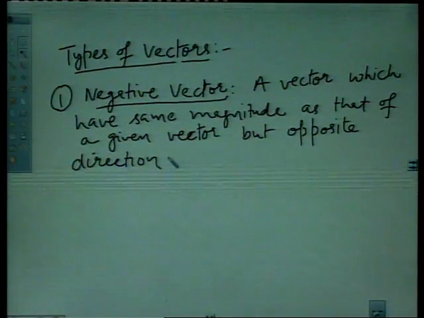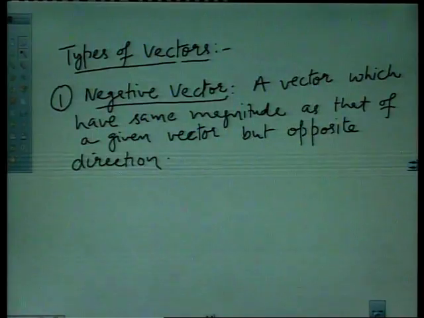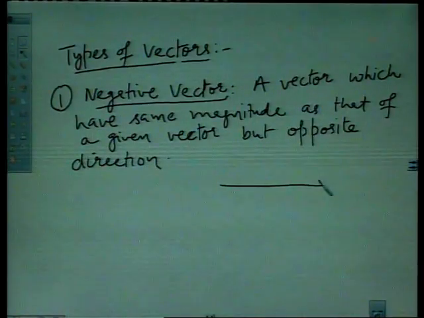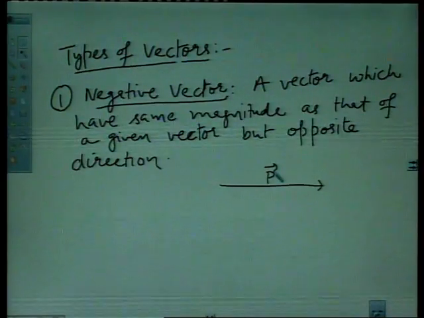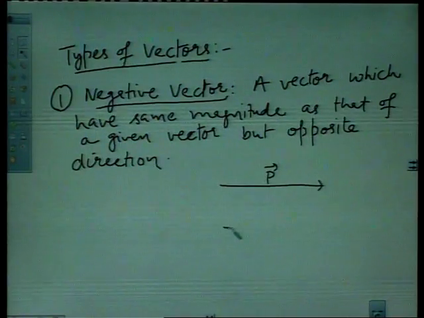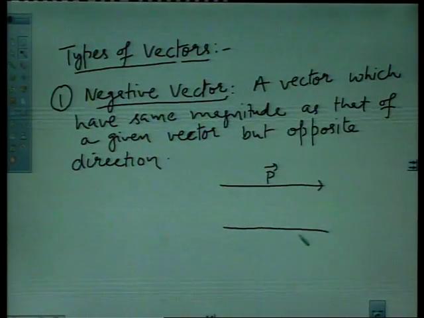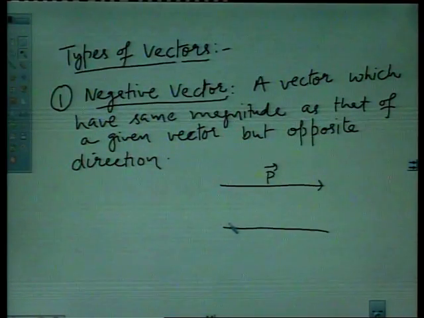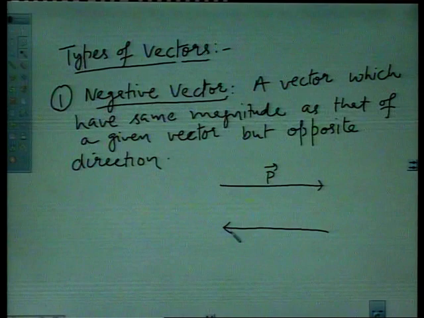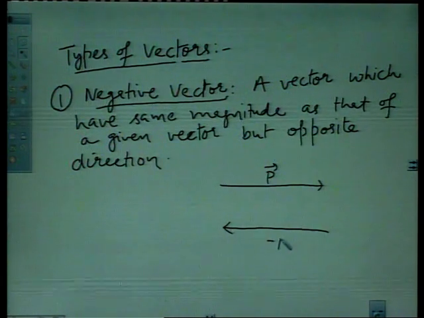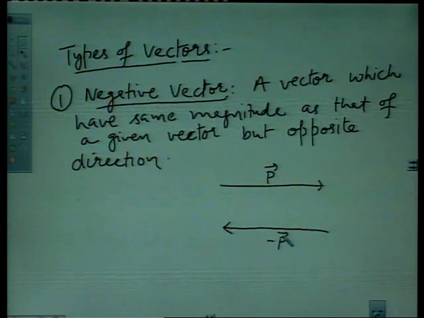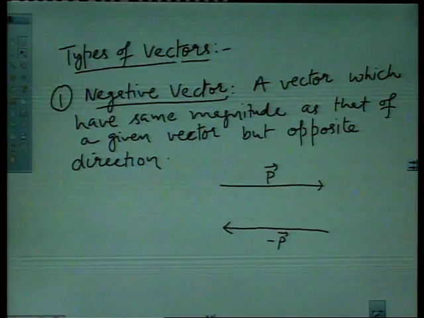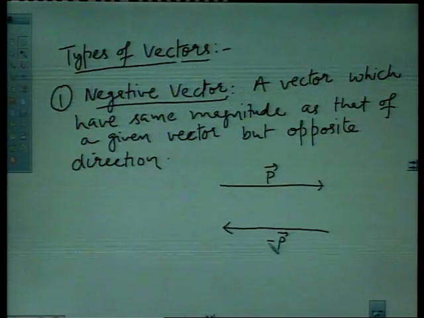Let us take a vector which is p vector. It is represented like this, and if we have to take its negative vector, then we take the length of this line same as that of vector p, but the arrowhead will be in the opposite direction. So this vector can be represented as the negative vector, minus p vector.